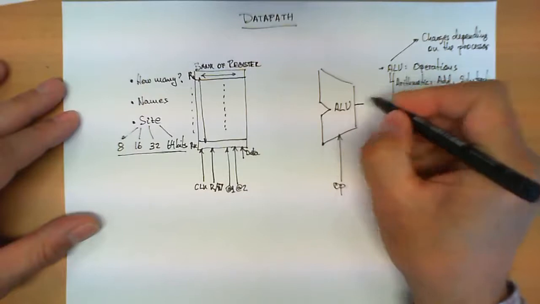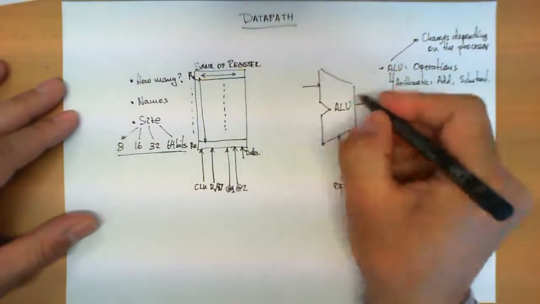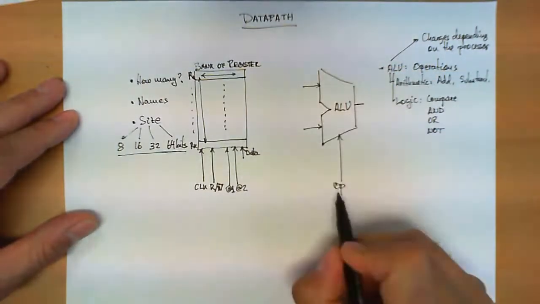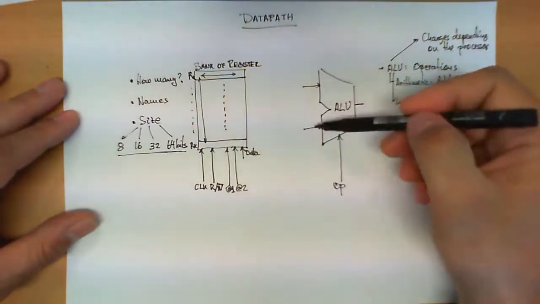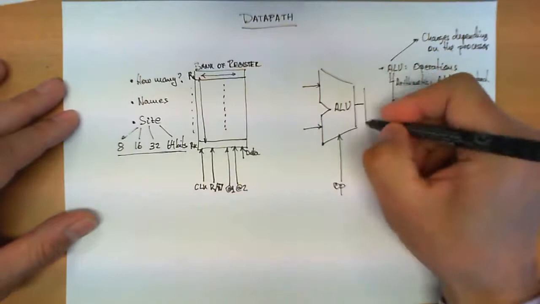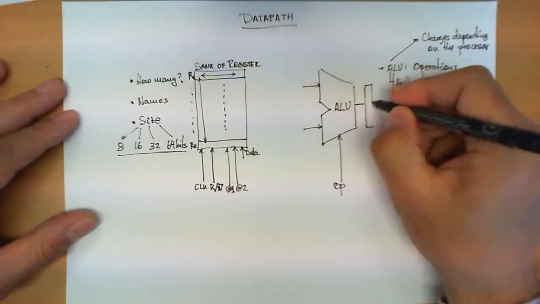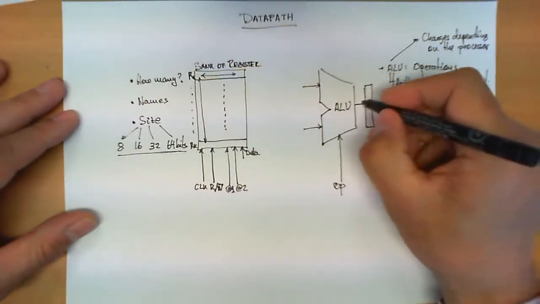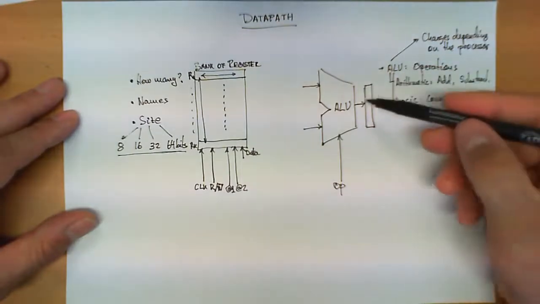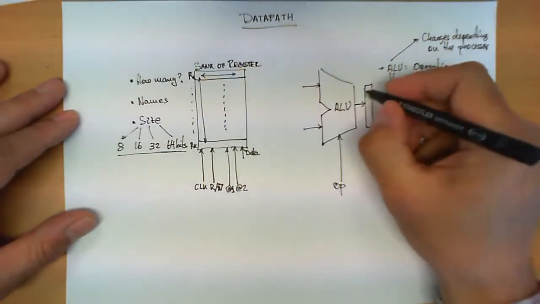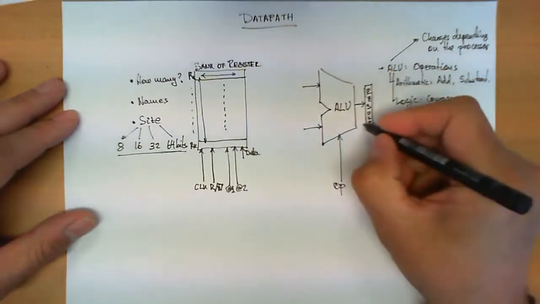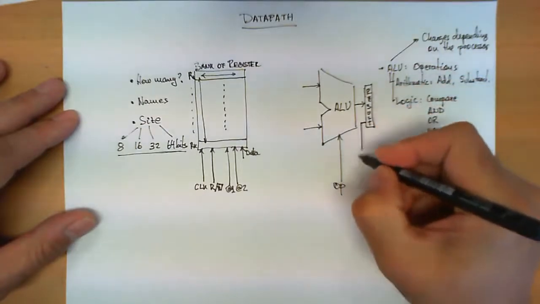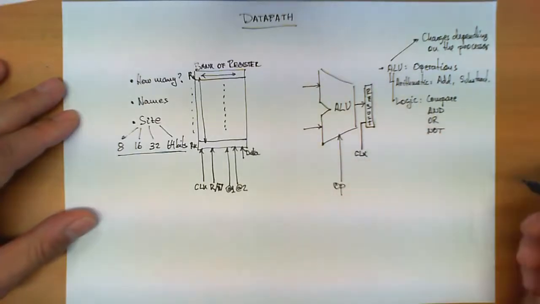Now this ALU receives two operands over here, and depending on the value of this control signal, it executes one of these operations among the two operands, and the result is typically, not always, but in most cases, stored in a register that is connected to the output of this circuit to store always the result. And as you can imagine, being this a memory element, it also has a clock signal.